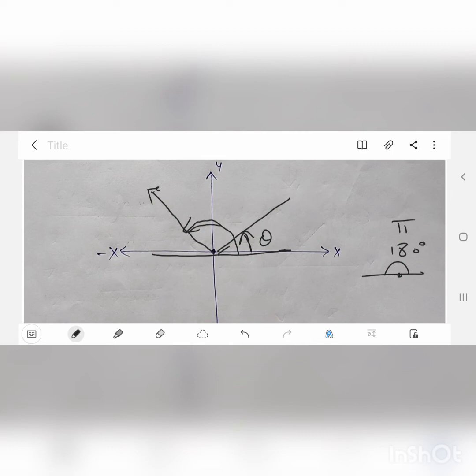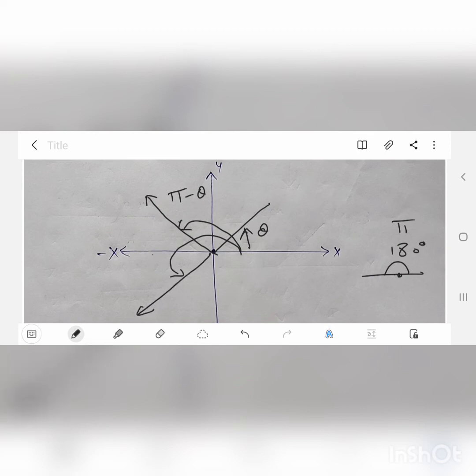Therefore, this angle is pi minus theta. This angle is theta, this angle is pi minus theta, and this angle is pi plus theta.